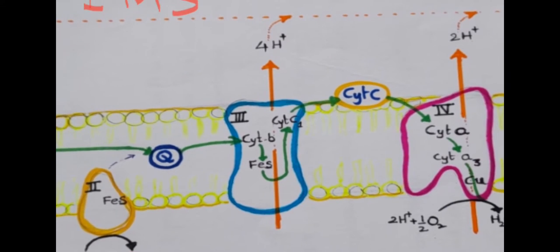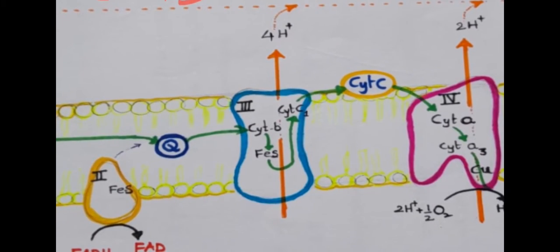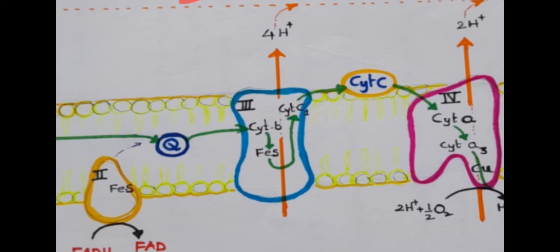Next, the blue colored one is cytochrome C reductase. It has three components: cytochrome B, cytochrome C1, and iron sulfur protein.